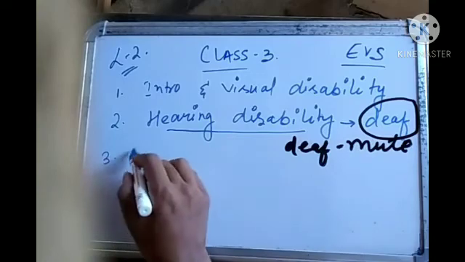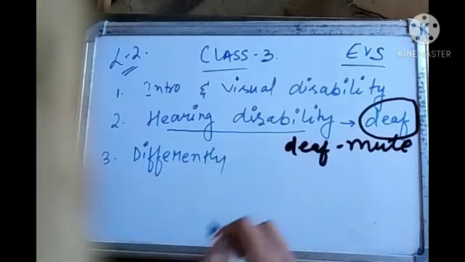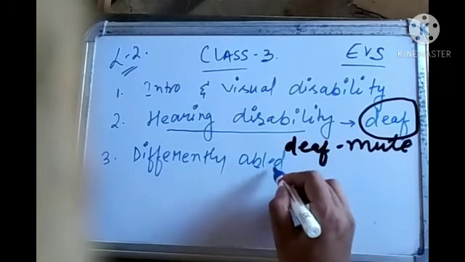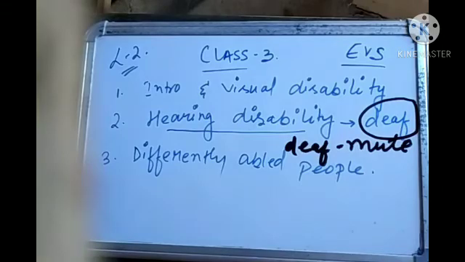So the next one is differently abled people. We have learned that people with special needs do not lack any capabilities.